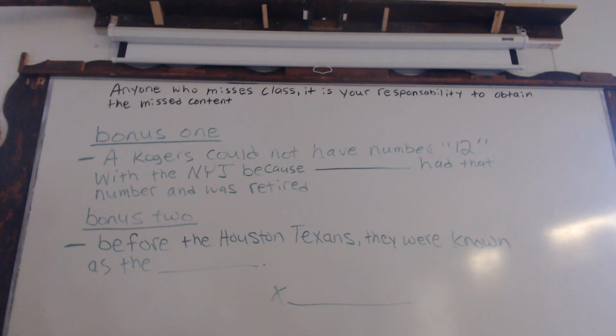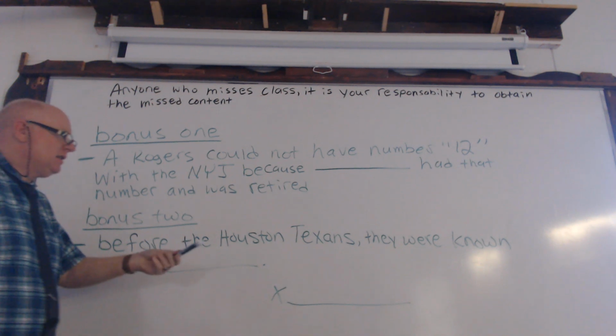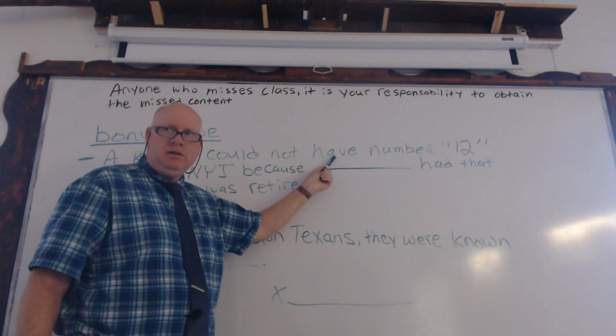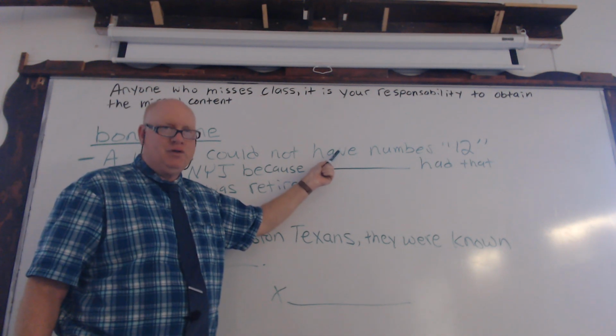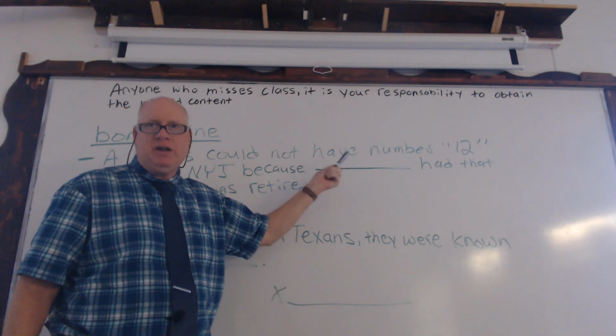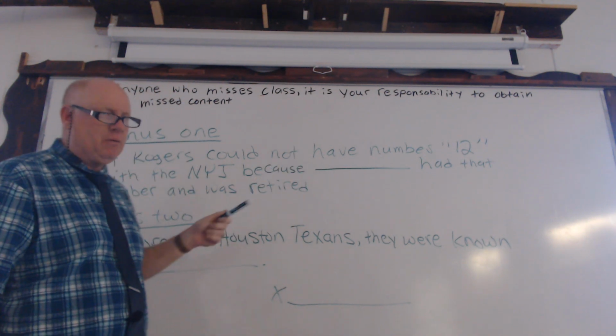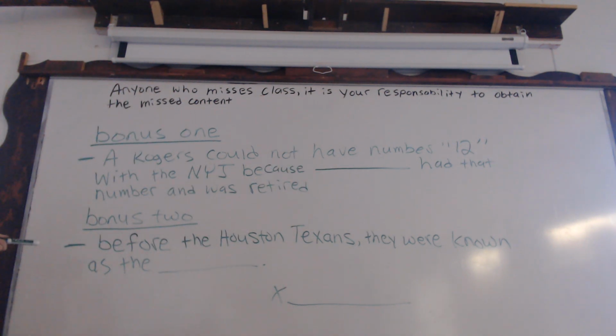But when he decided to leave Green Bay and went to the New York Jets, he could not have number 12 because that number was, I'm guessing, retired. So who is it that had uniform number 12 for the New York Jets? That's why he couldn't have it. That would be my presumption, and that's what we're going with.